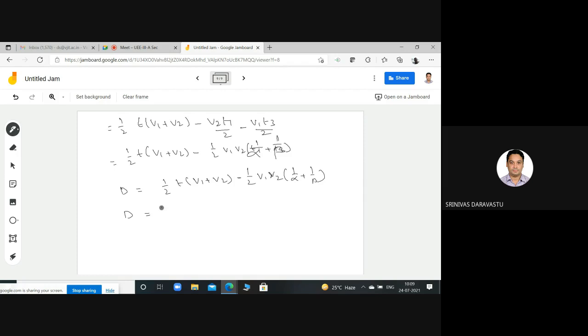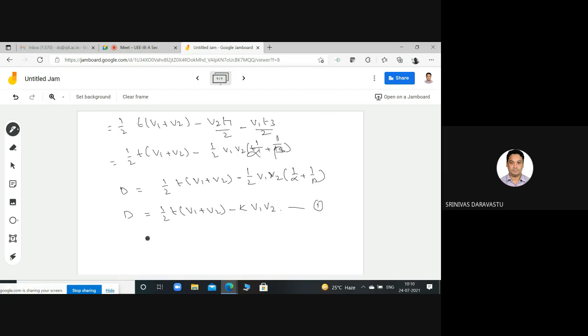Now half into 1 by alpha plus 1 by beta is nothing but a k value. So D equals half into T into V1 plus V2 minus k into V1 V2. Let this be equation 1.